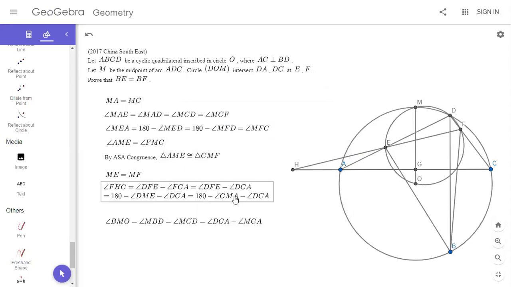And CMA is CDA, right? Yeah. So we want to show these are equal.